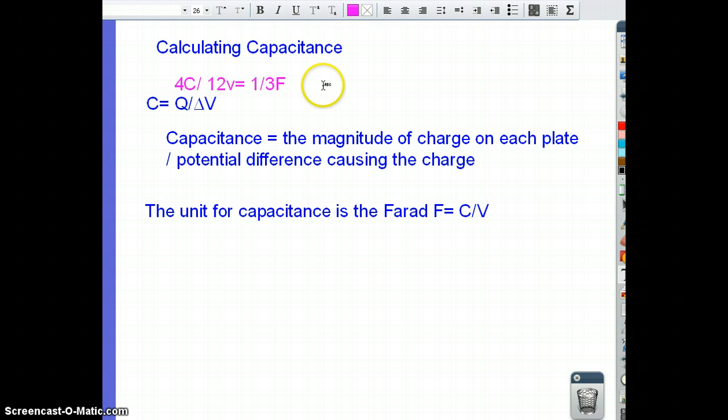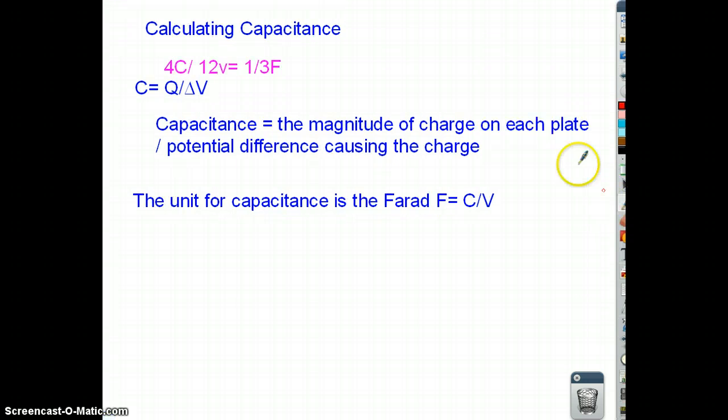Okay. Now, a note about capacitance. Capacitance as a physical quantity is a physical property of the capacitor. That capacitor has a certain capacitance. It always will. You're going to have problems, especially in the homework, I think 1 and 2 and maybe even 3, where you change batteries on them.